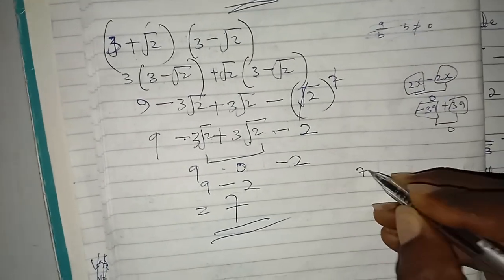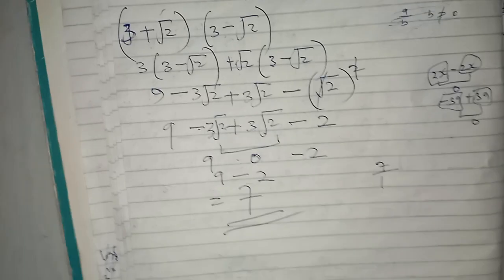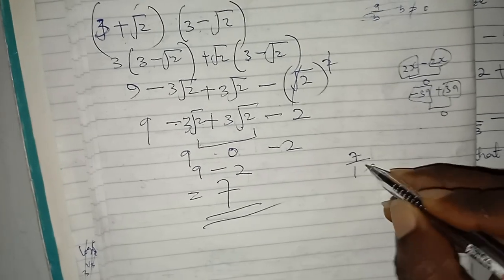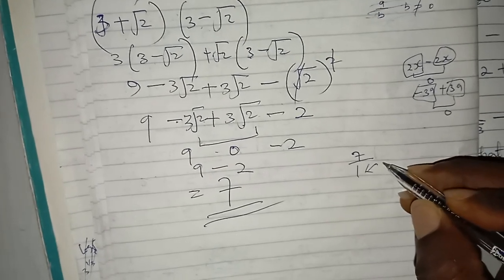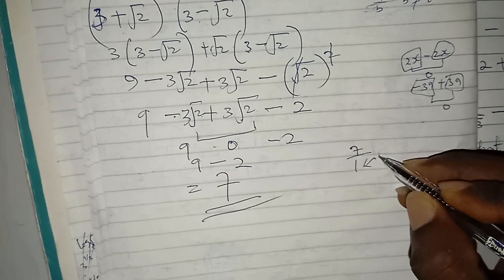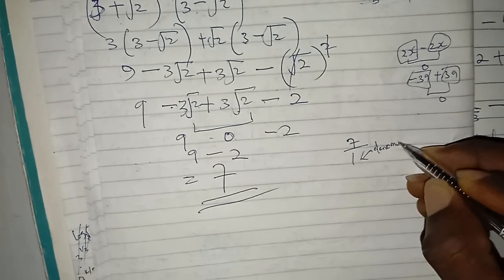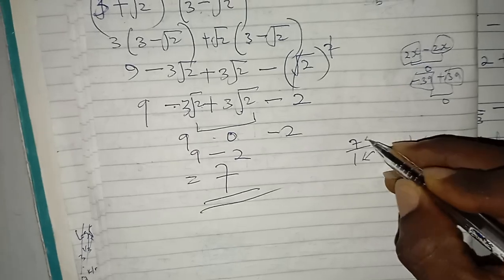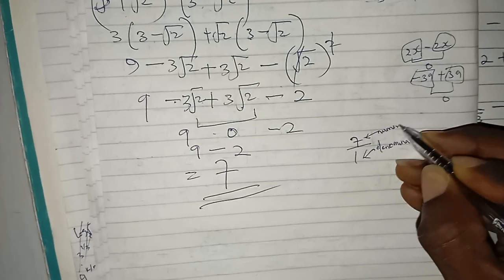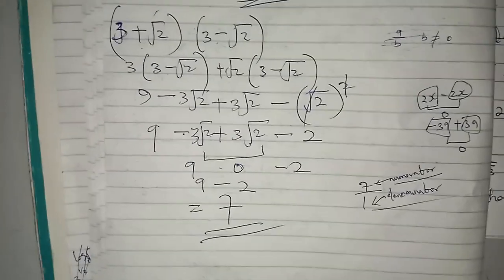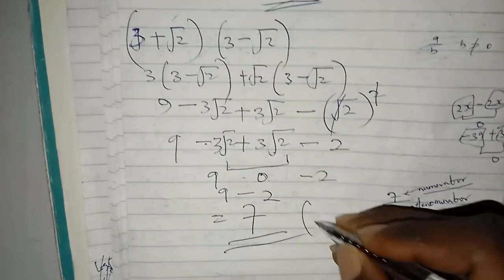What do I mean? 7 standing on its own is the same thing as saying 7 over 1. And we remember that rational numbers are ratios of integers, or numbers with a numerator and denominator. So anytime you multiply conjugates, you get a rational number.